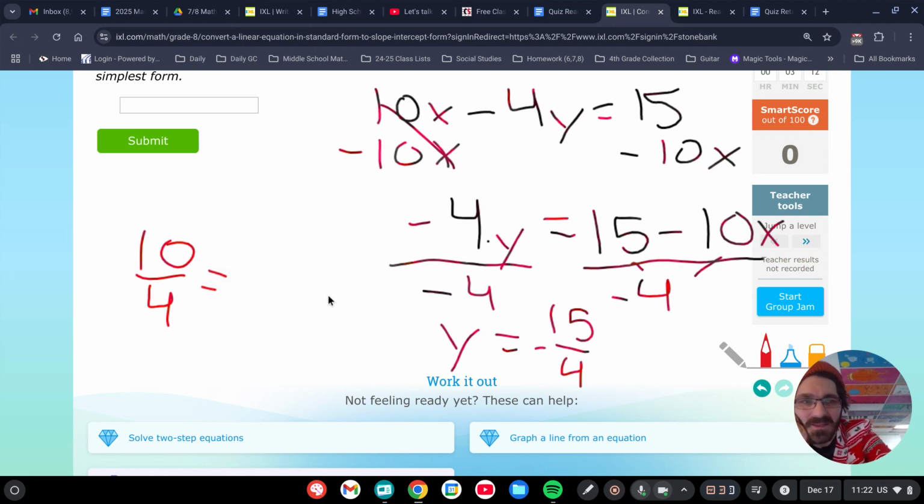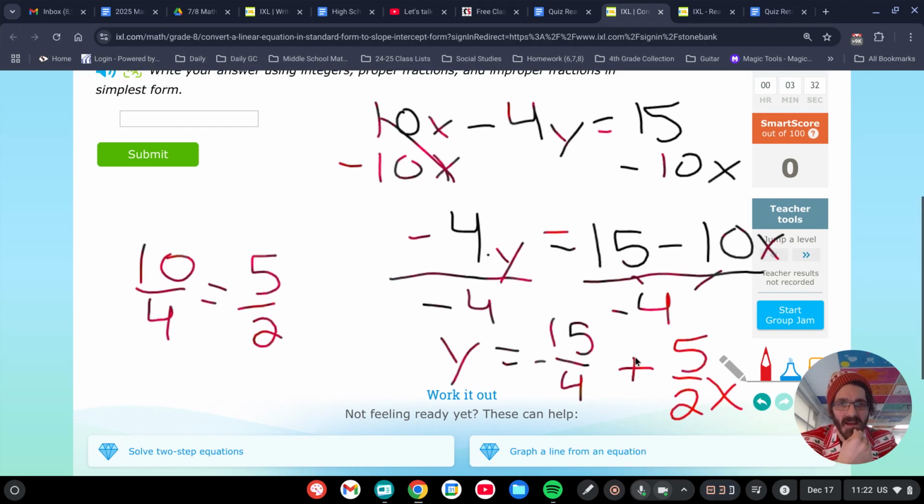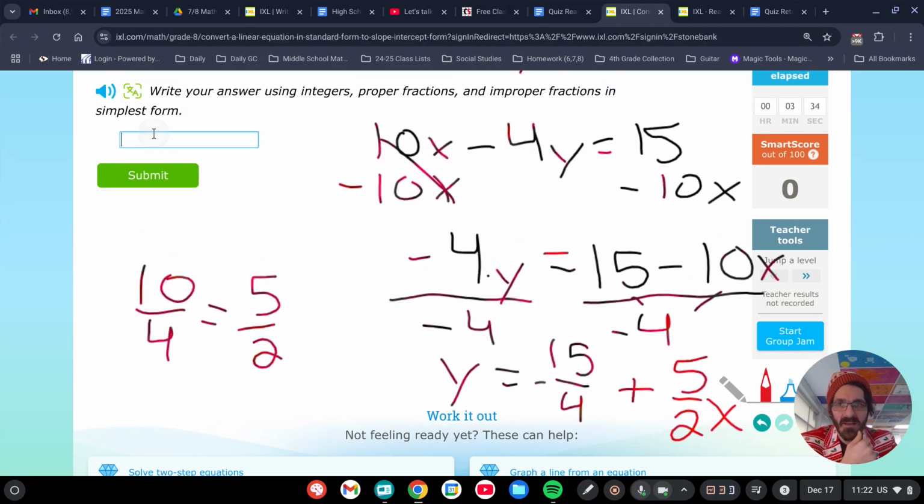We can simplify this by dividing the top and bottom by 2. We got 5 halves, and it's positive, so we're just going to put plus 5 halves, and we can't forget that we have an x there. So we get y equals negative 15 over 4 plus 5 halves x.